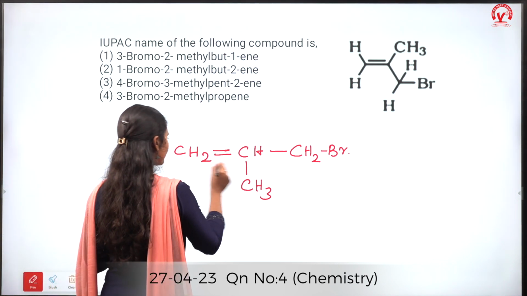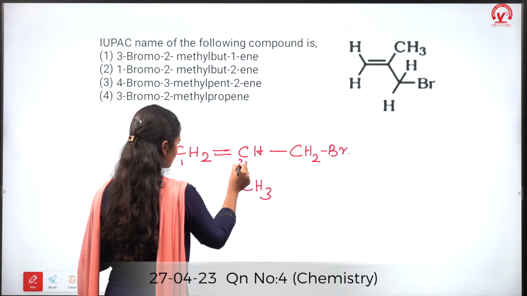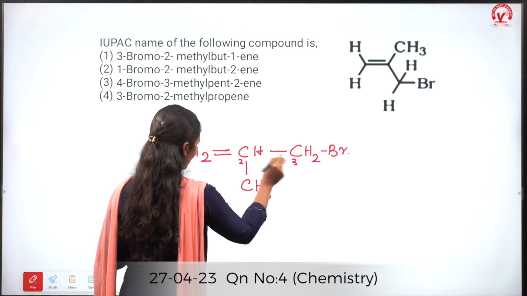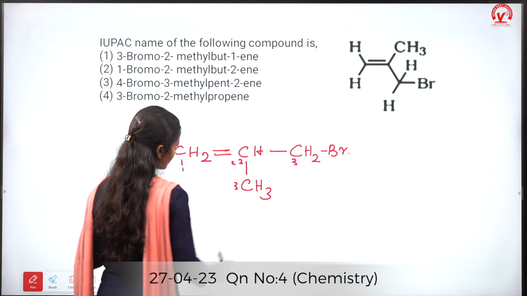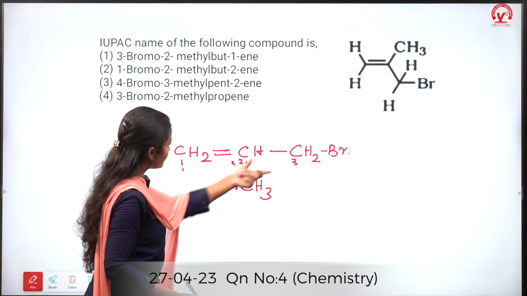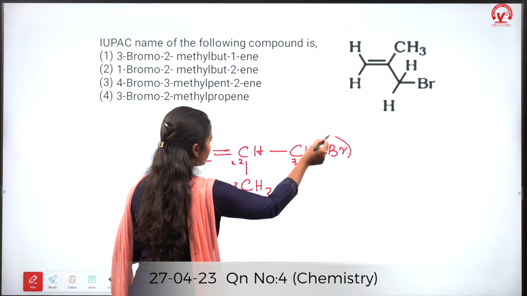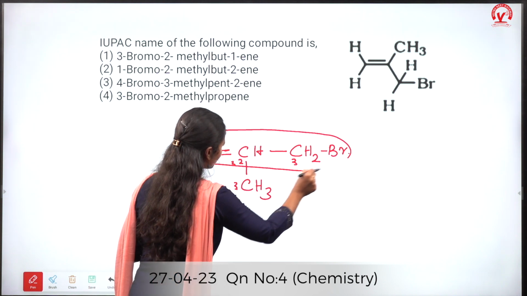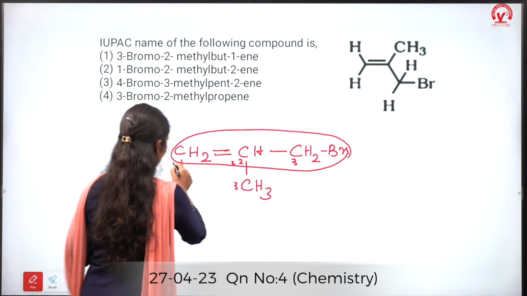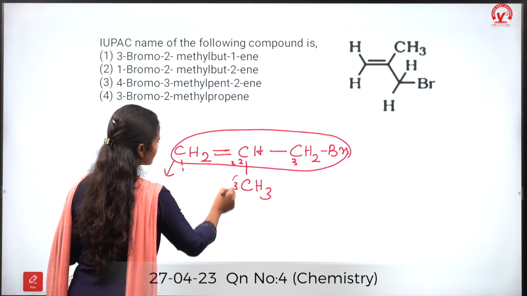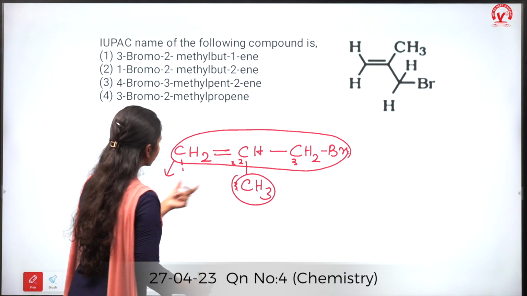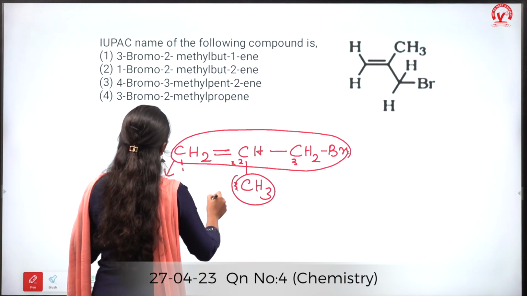Here we can number it from 1, 2, 3 or else from the other side, 1, 2, 3. In this manner we have to fix where the functional group is attached. So we have to fix this chain as the parent chain. This is a branched chain.